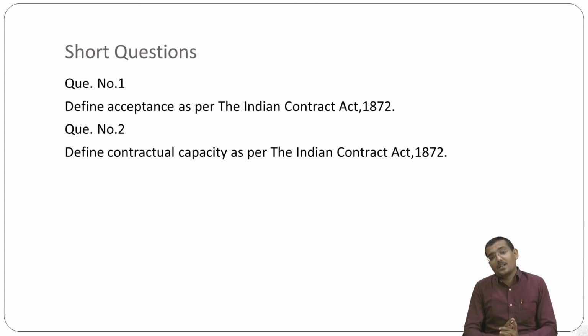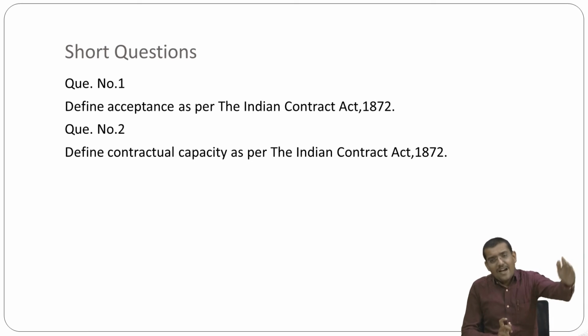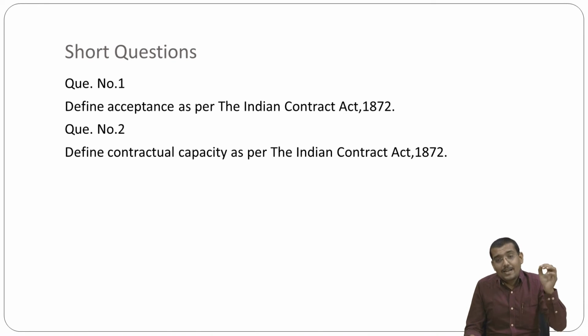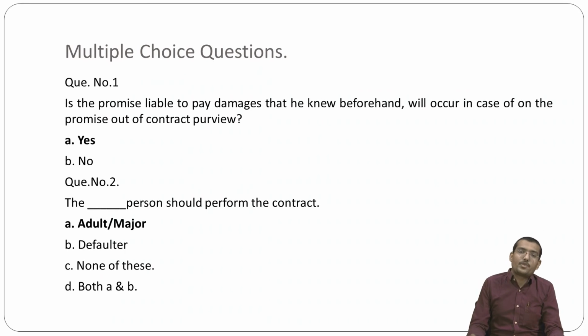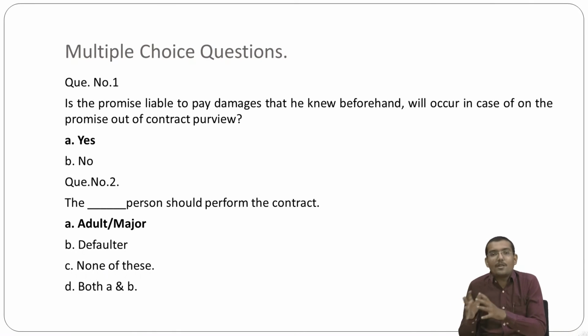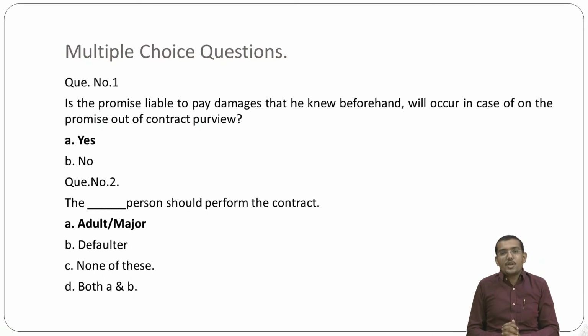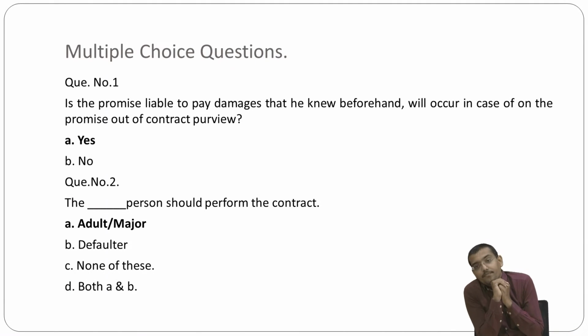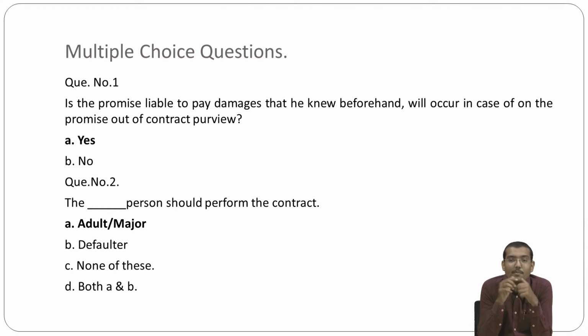Then, whenever you have answered these four questions, kindly attempt the another aspect called MCQ, that is multiple choice questions. The very first multiple choice question is: is the promisor liable to pay damages that he knew beforehand would occur in case of non-performance of the promise outside the contract purview? Answer is yes, you have to pay because you know the profit.